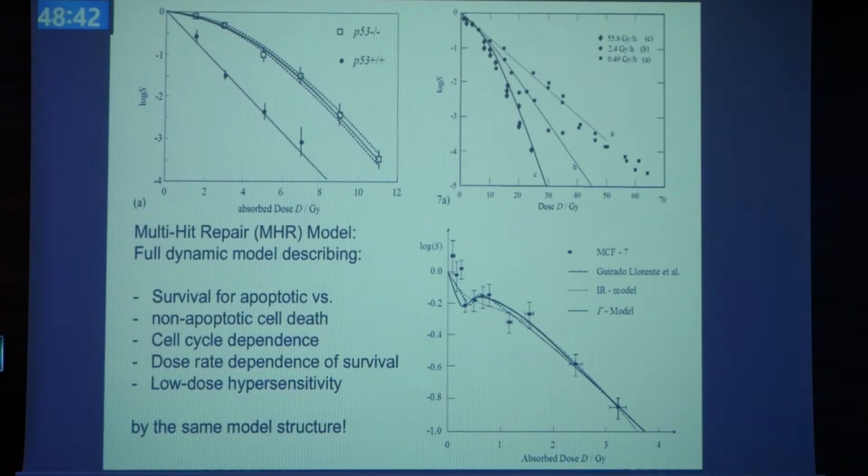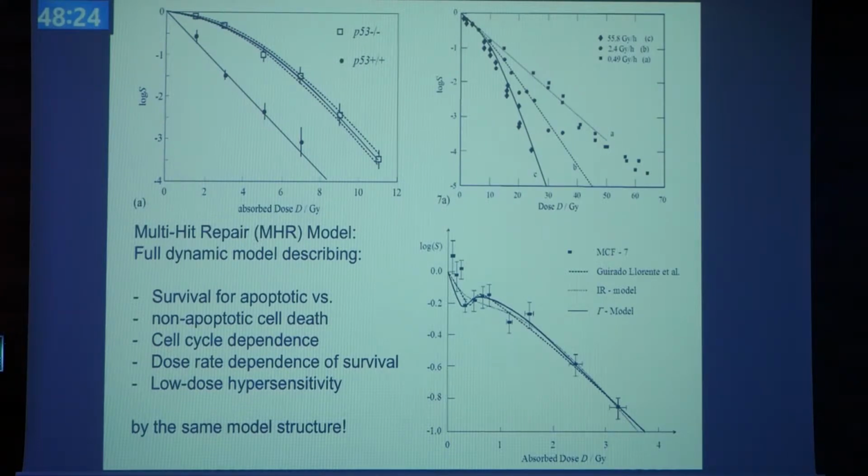A full dynamic model, which is introducing a concept for radiobiological repair, so it's in principle a radiobiologically inspired model, is the multi-hit repair model. And this model has very interesting behavior.